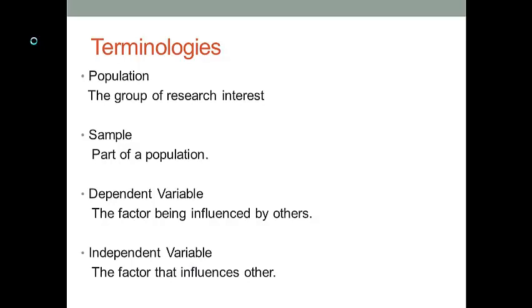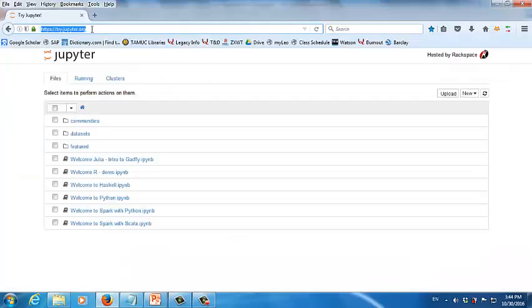Next, I want to show everyone how to perform the linear regression analysis in the Jupyter system. This is the web address, try.jupyter.org. This is the cloud computing platform. Do you still remember how we can upload the data set, the source data set, to the Jupyter system? Yes, we need to go to Datasets.